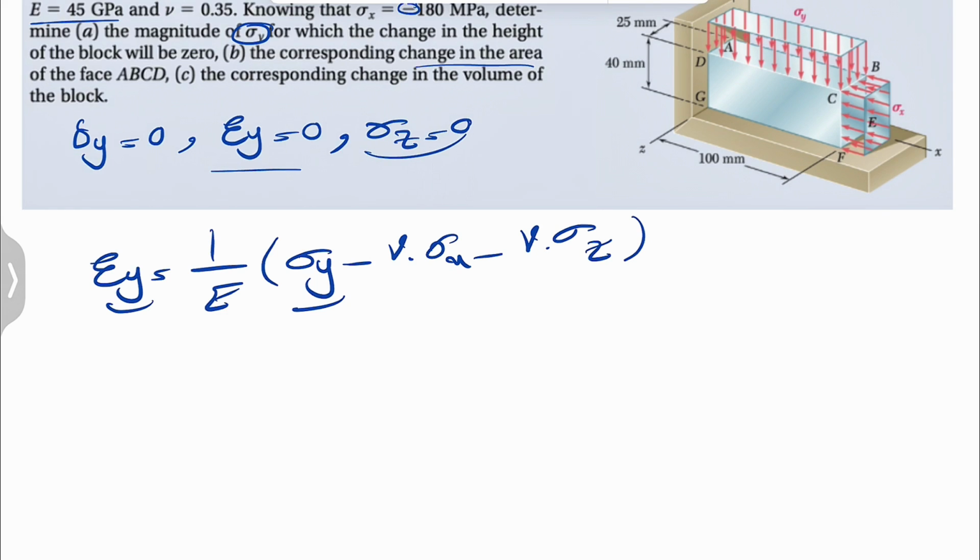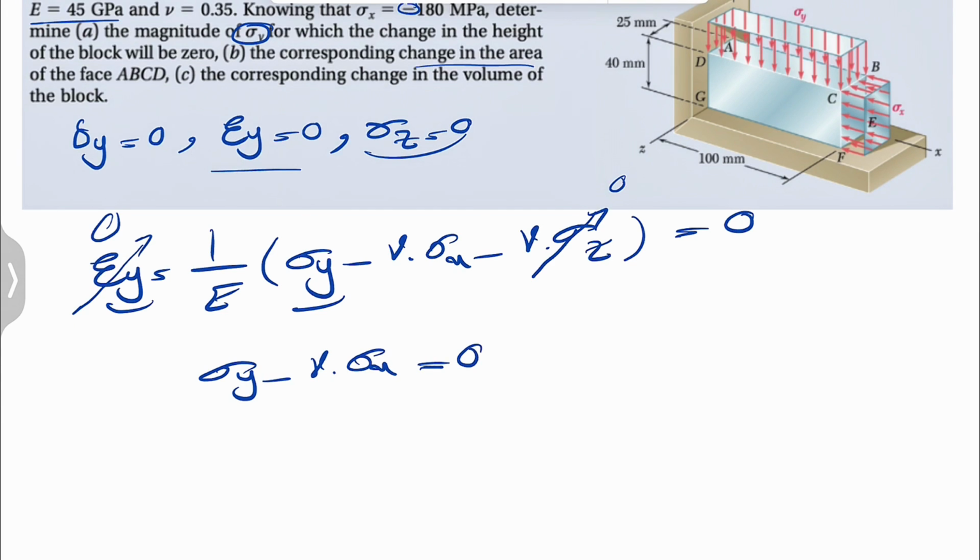We know that sigma z is equal to 0, so that term is 0, and epsilon y is also 0. So we're going to end up with sigma y minus Poisson's ratio times sigma x is equal to 0.